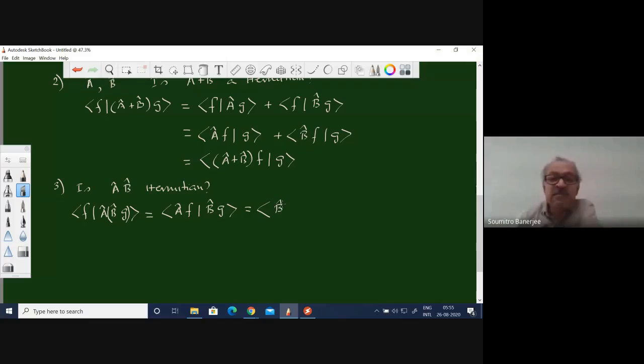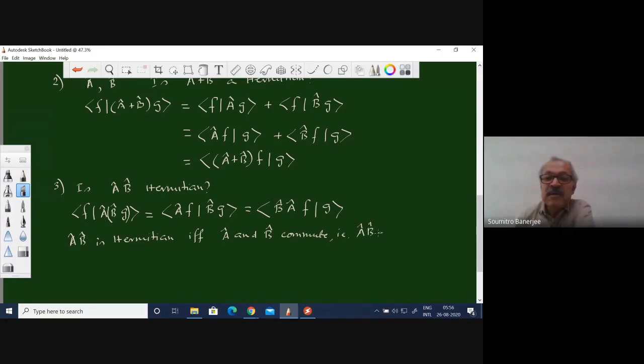It is B A F G. So we started with A B G, and we ended up with B A F G. It will be Hermitian if AB is Hermitian, if A and B commute. That is, AB minus BA is equal to 0.